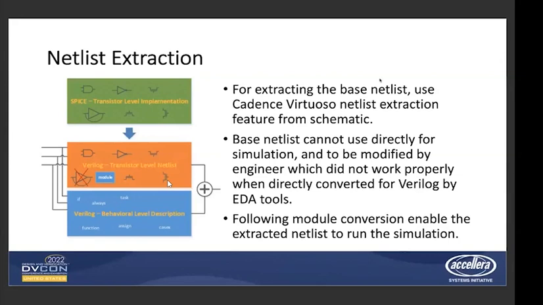Also, the extracted base netlist can have some kind of signal collisions or infinite loop problems. So to resolve this problem, we modify the base extracted netlist using various modeling techniques.